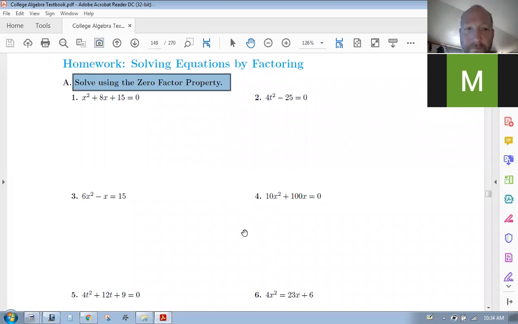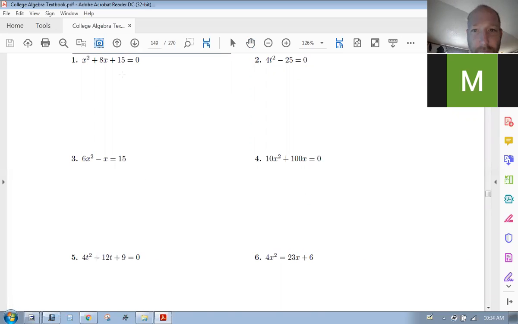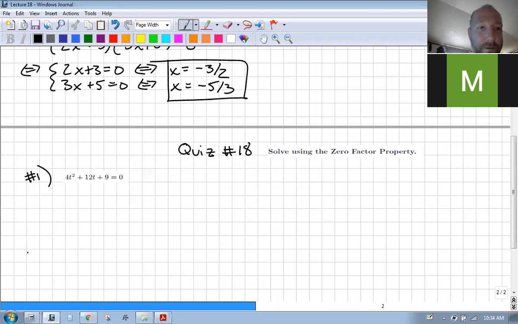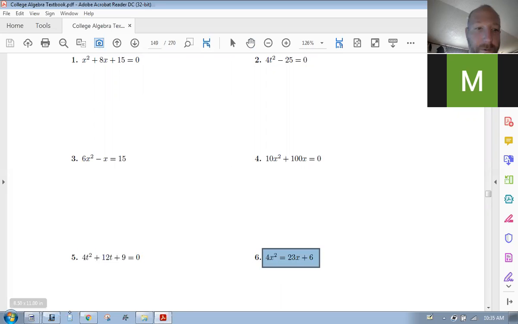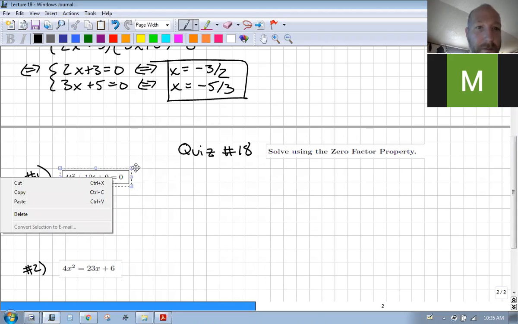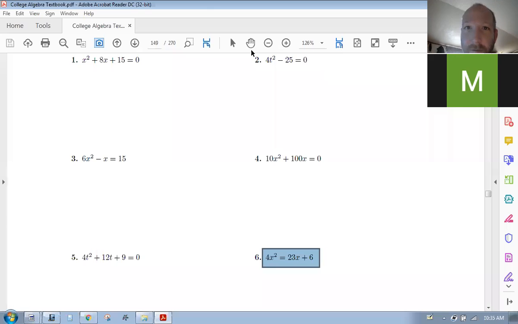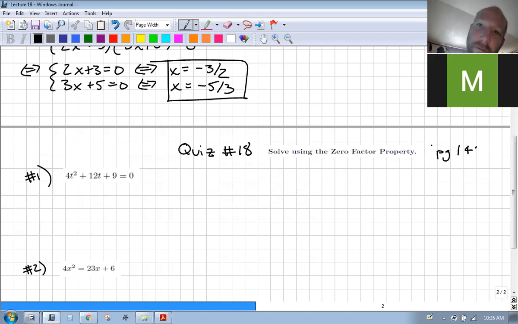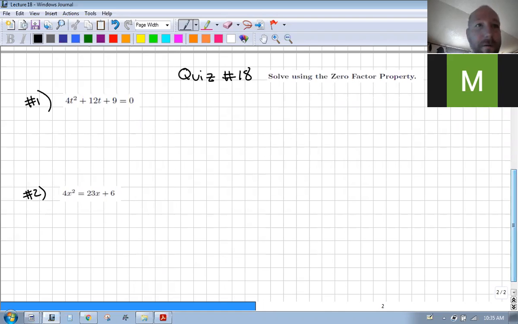Page 149. Okay, it's 10:35. We'll take 15, so at 10:50 we'll review this.